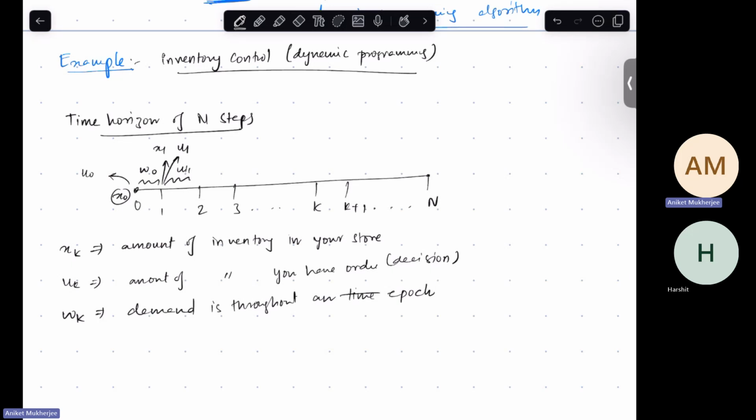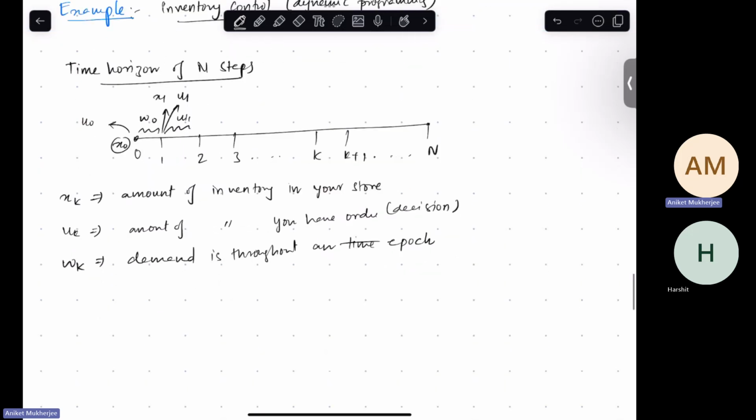So how does the dynamics take place? How do you get x1 from x0? You had x0, you added u0 amount of inventory to your stock, and w0 amount of people came and took away the stock from you. So x1 equals x0 plus u0 minus w0, right? We assume that x1 could be negative, so you have a backlog. But usually if you're out of stock, then you can't sell anything. So usually the dynamics is with a plus.